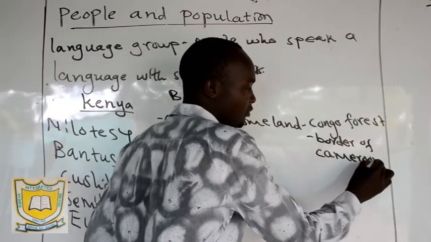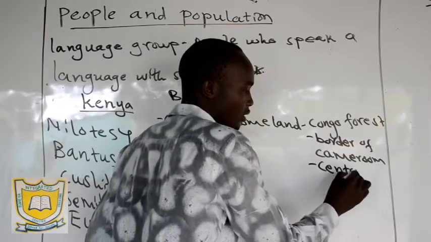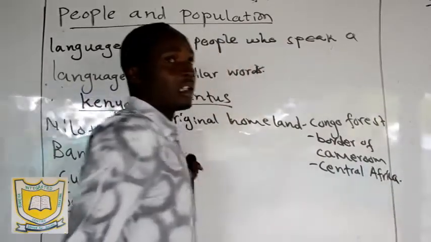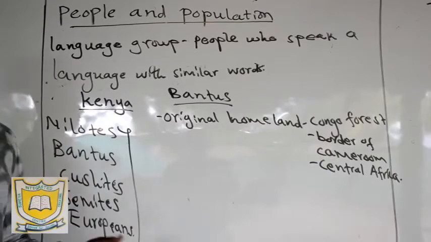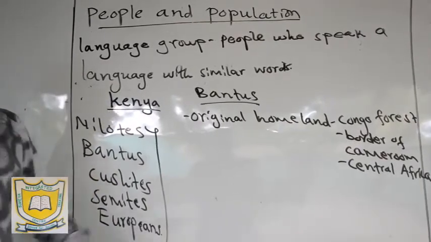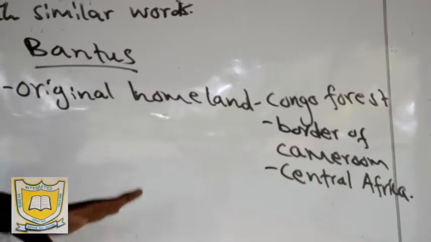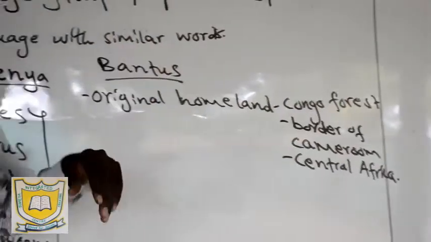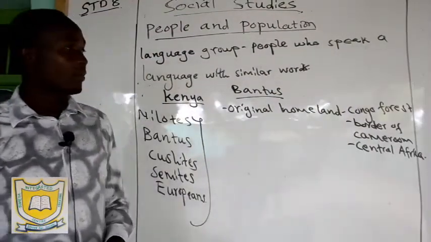It's just the same, or you can say Central Africa, because the DRC Congo is located in the central part of Africa. So the original homeland of the Bantu is the Congo forest, on the border of Cameroon. That's the Bantu.